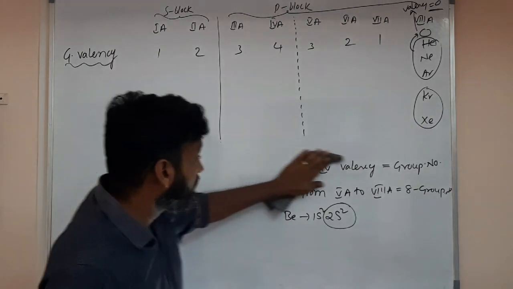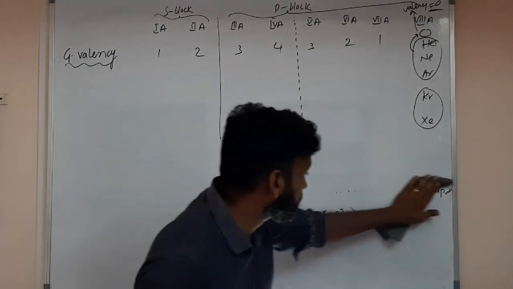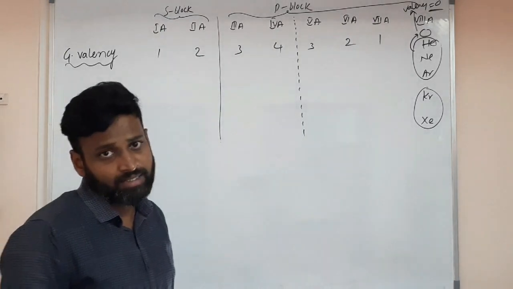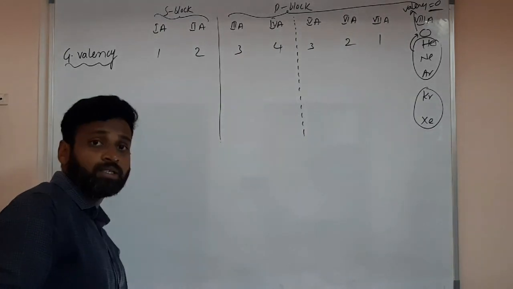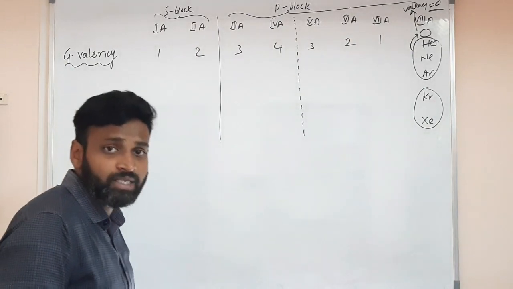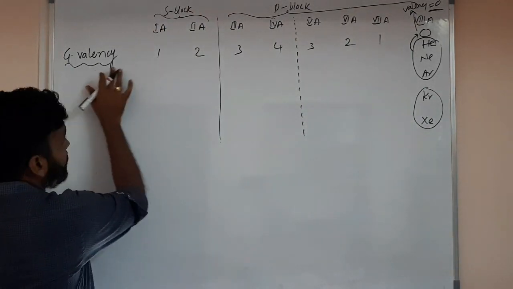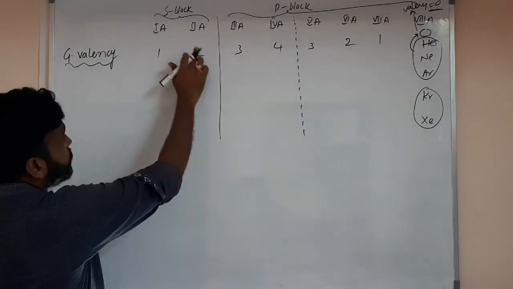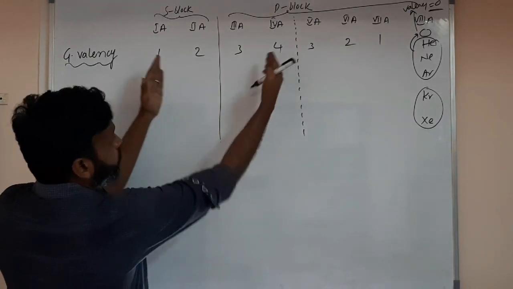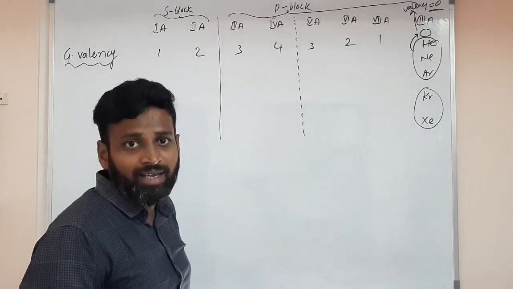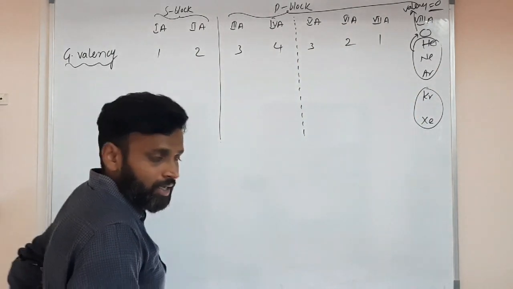Because transition elements have variable valencies, meaning many valencies are possible. So the general valencies are 1, 2, 3, 4, because up to 4A the group number is the valency, and from 5A to 8A, 8 minus group number is the valency.